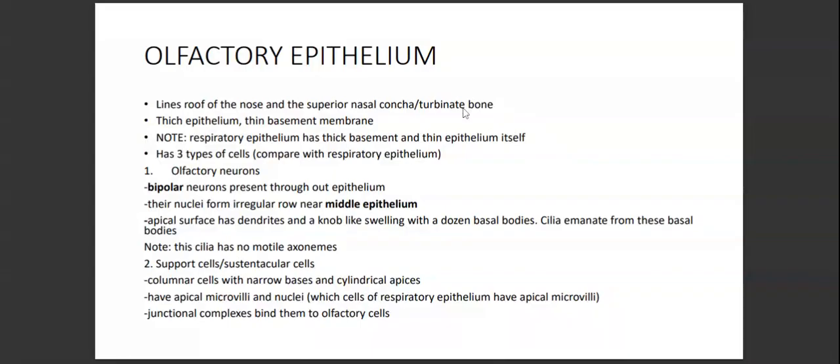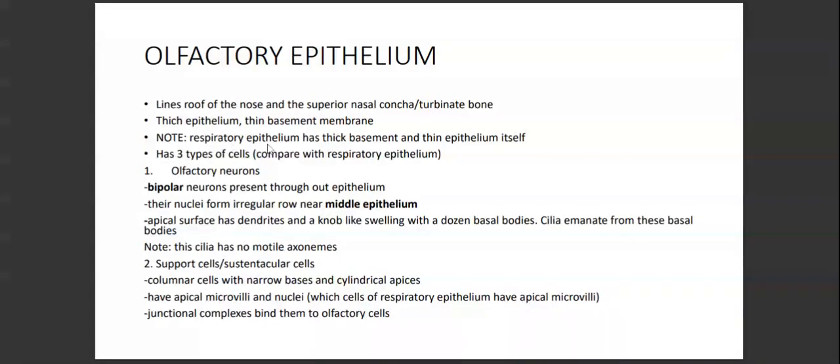The superior nasal concha is lined by this olfactory epithelium. Apart from the superior nasal concha, the other part lined by the olfactory epithelium is the roof of the nose. This point I've always emphasized is very important.